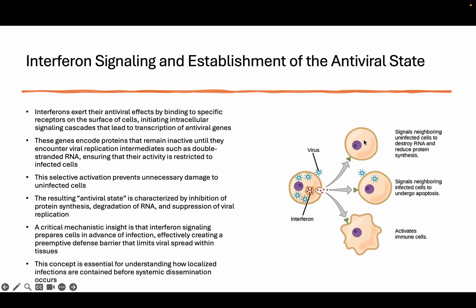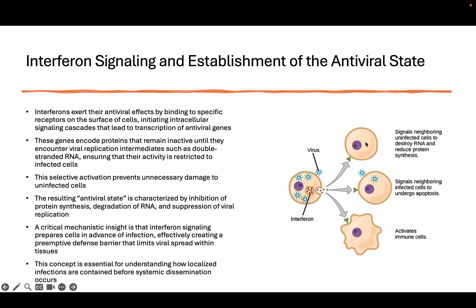So they're just put in a steady state. They're ready, but they're not doing anything. The ISG genes are transcribed and translated into proteins that are ready to attack, but they will not attack until a virus is stimulating their PRRs.